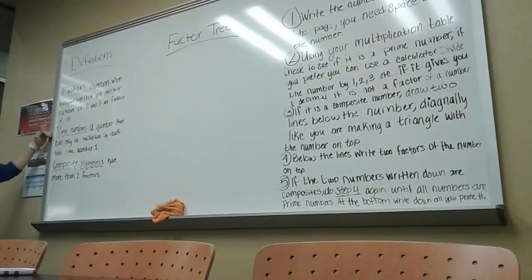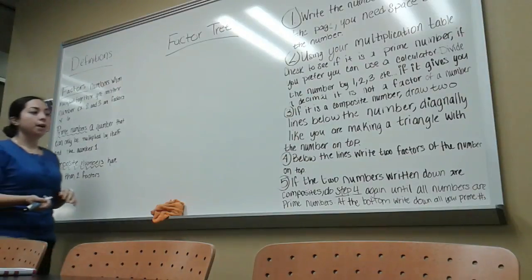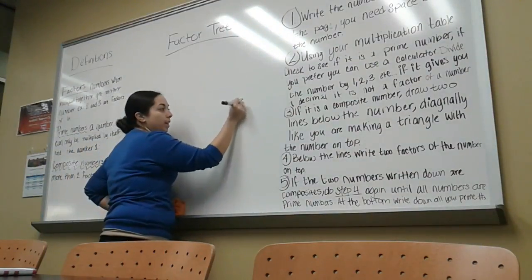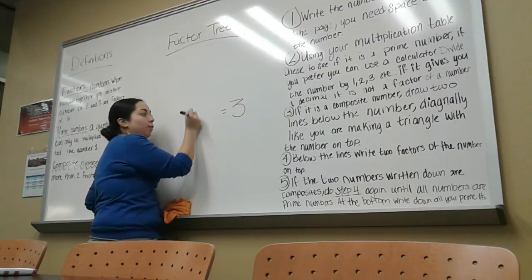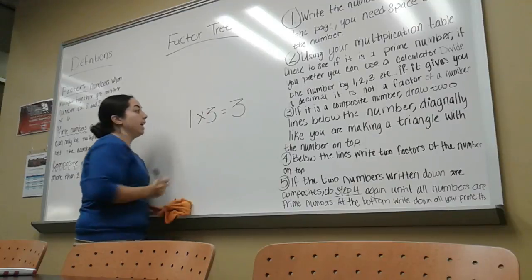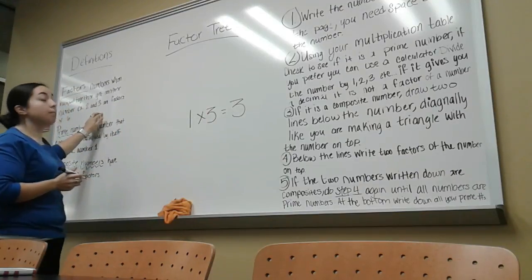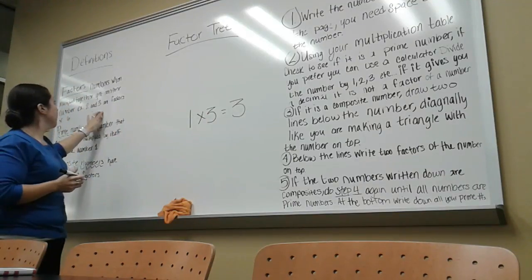Our next definition is prime numbers. Prime numbers are numbers that can only be multiplied by itself and the number 1. For example, the number 3 has the only factors of 1 times 3. Again, factors are numbers that, when multiplied together, get another number.